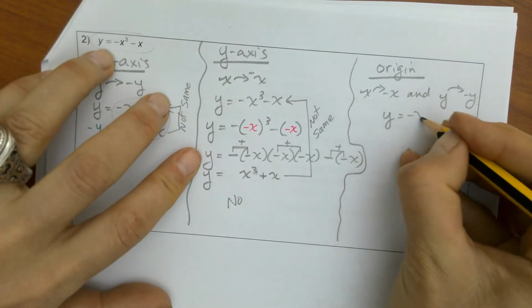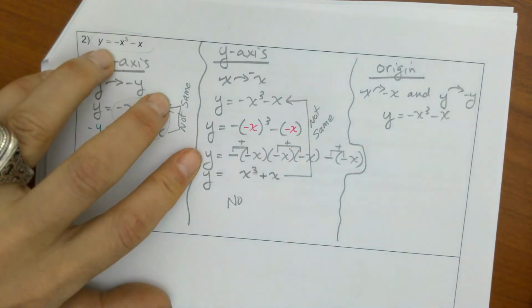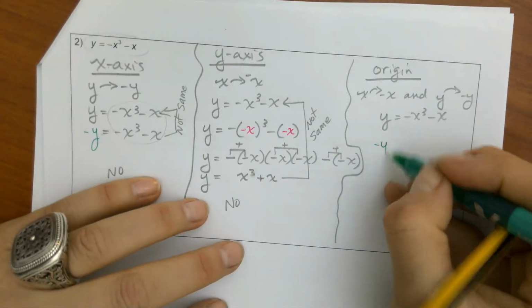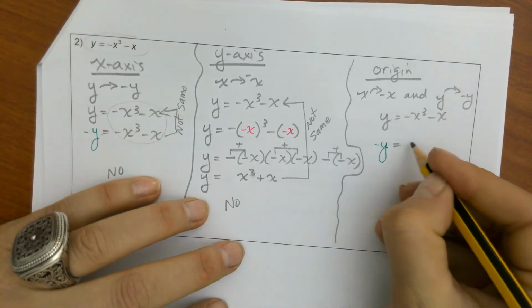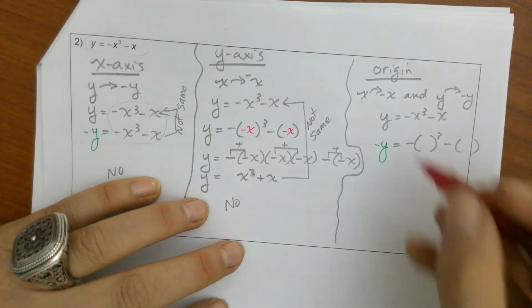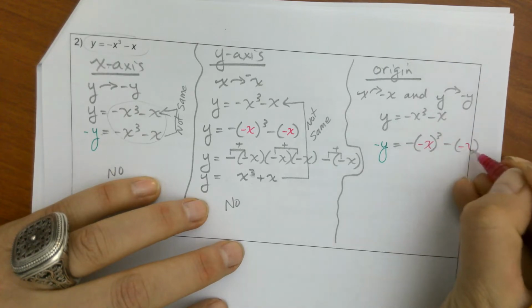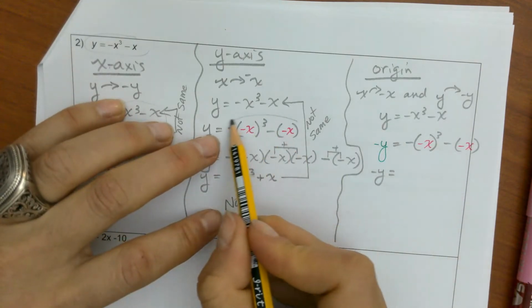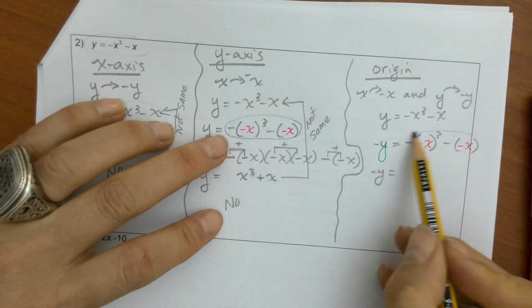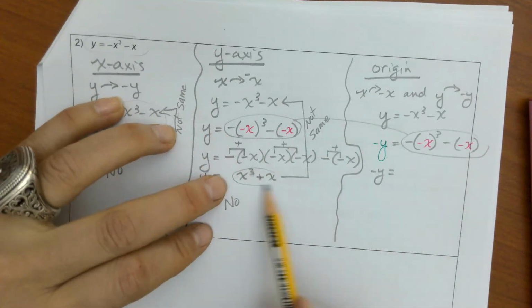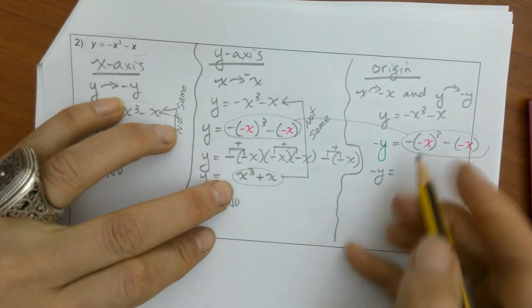I have to replace both, my y with negative y, and my x's with negative x. So I have negative y. Well, I already did this, because this and this are the same, right? So there's my final answer for this. So I'm just going to write up my final answer.